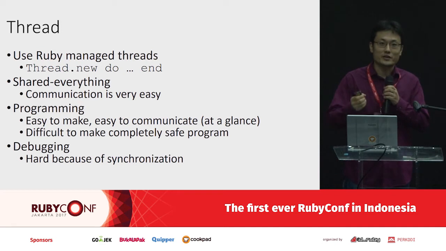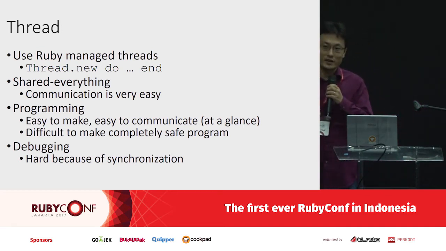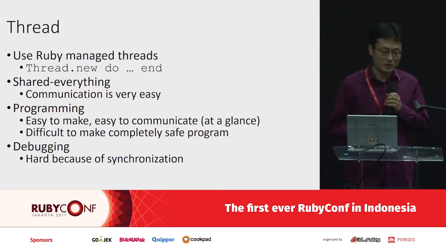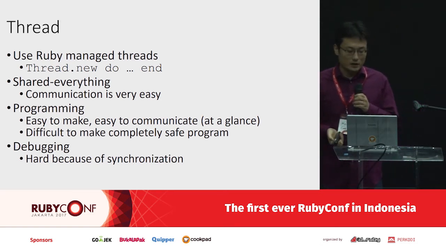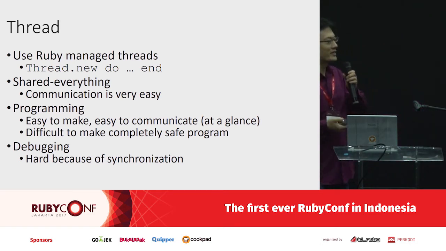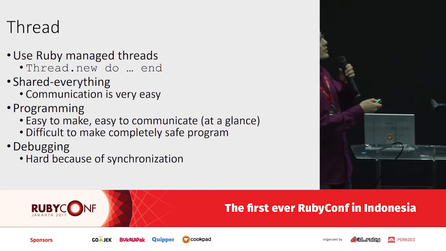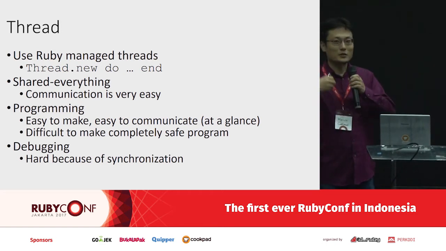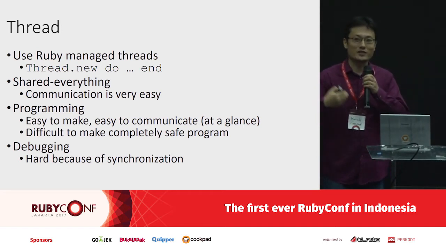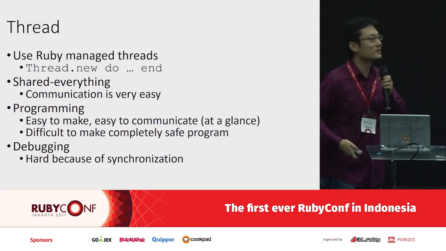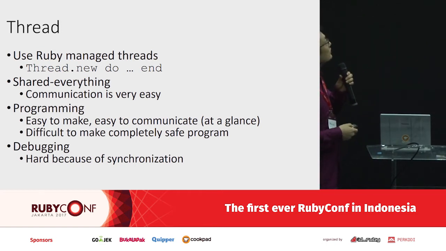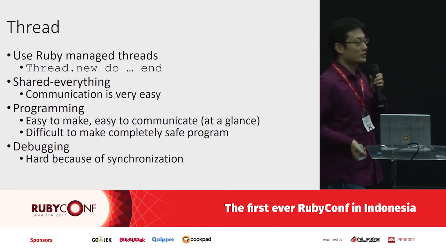Each thread can access any objects. So programming is very easy at a glance. This is very important. It is easy to write, but it is easy to introduce many bugs. It is so difficult to make a completely thread-safe program.